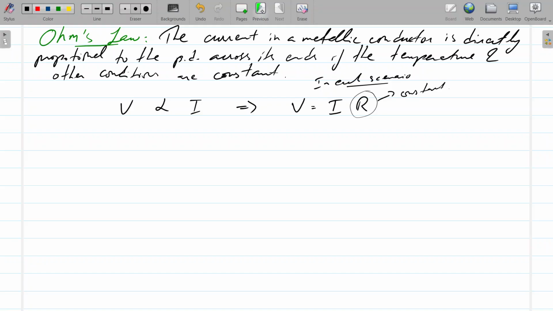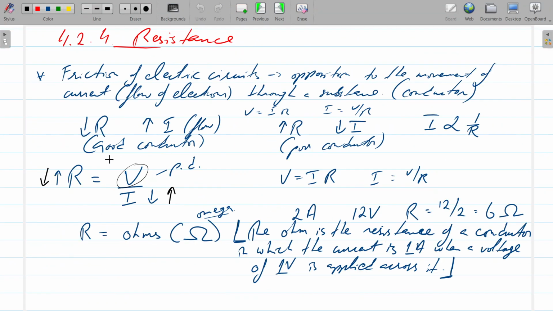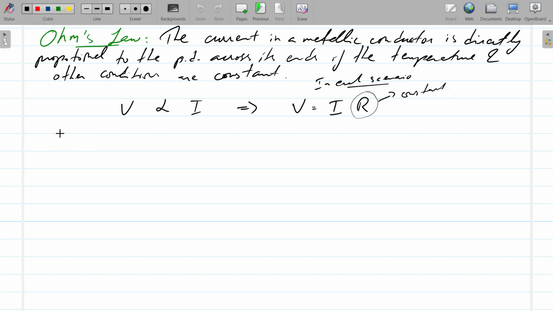And if we go back, we are familiar with this equation because we got it over here. Remember this? If we shuffle this around, it looks more familiar: R equals V over I, or I equals V over R, whatever is the subject of the question.